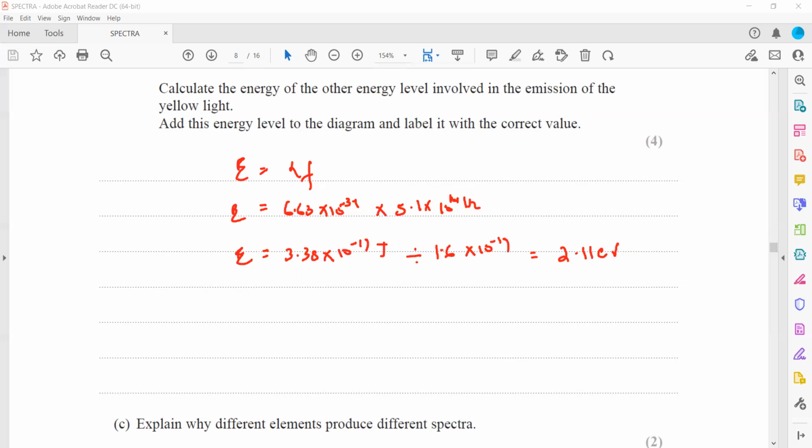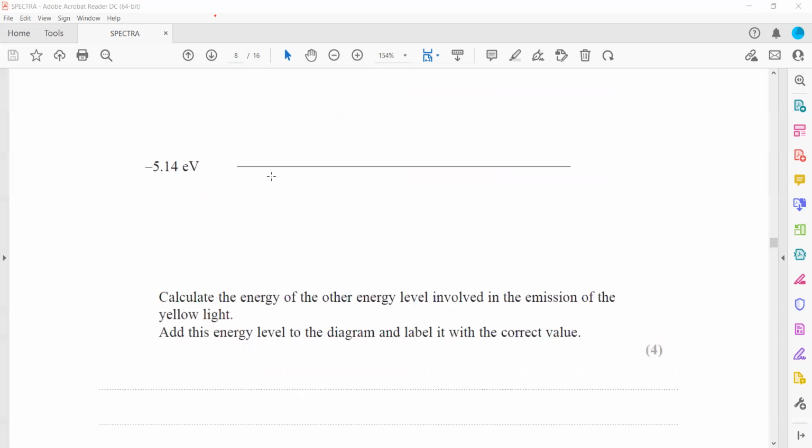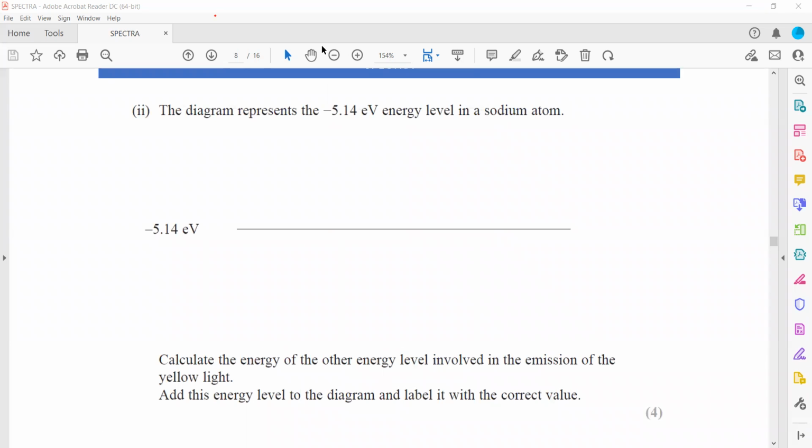So it means the energy difference is 2.11, and because it's an emission here, 2.11 is the energy difference. So for the other level when we draw, 2.11 should be the difference.